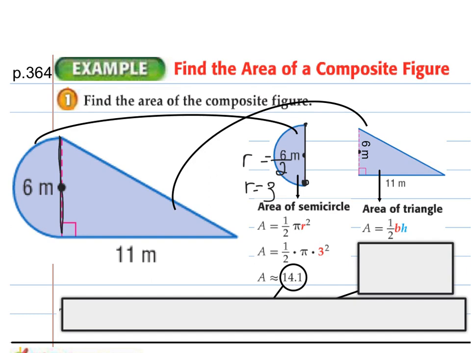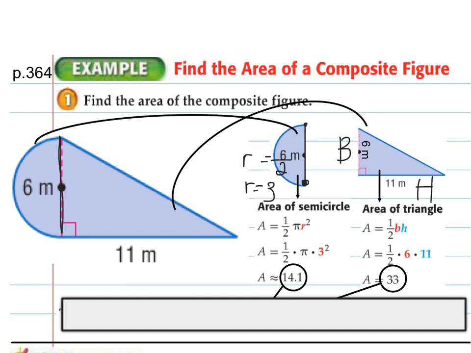I'm not done though. I have to find the area of the triangle. We know that the area of a triangle is 1/2 base times height. So plugging in what we know, the base is 6 and the height is 11.